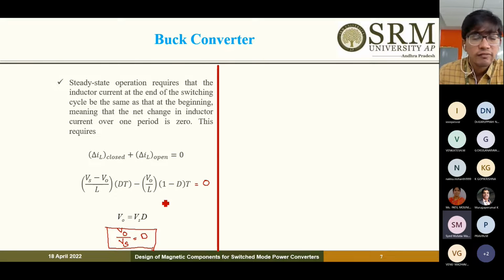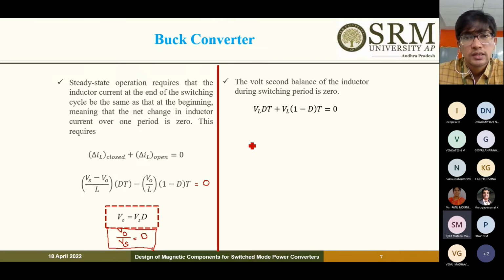Another way to calculate the gain: under steady state operating condition, the average voltage across the inductor should be equal to 0. The average voltage, that is VL during switch on condition into DT, plus VL during switch off condition into (1 minus D)T, will be equal to 0. VL will be Vs minus V0 into DT, and VL will be minus V0 into (1 minus D)T.